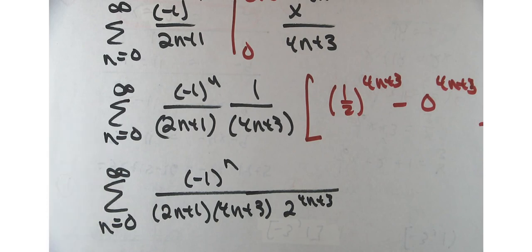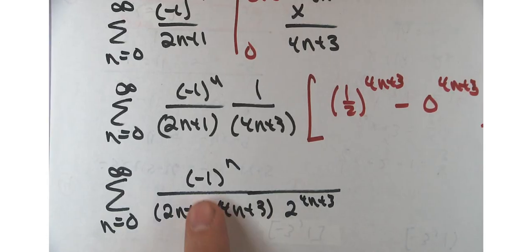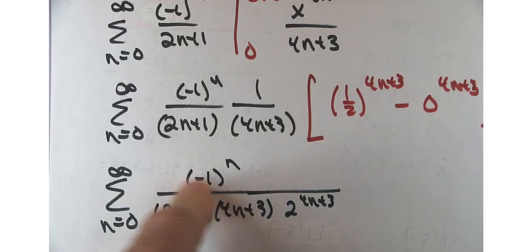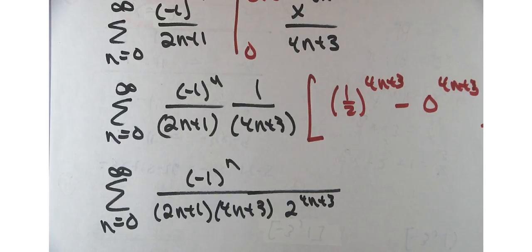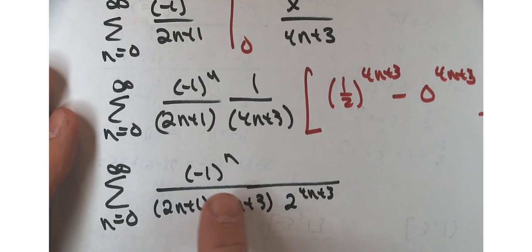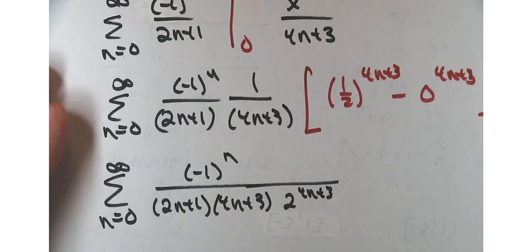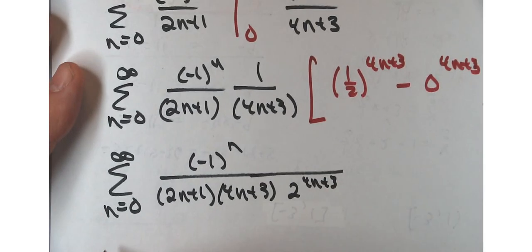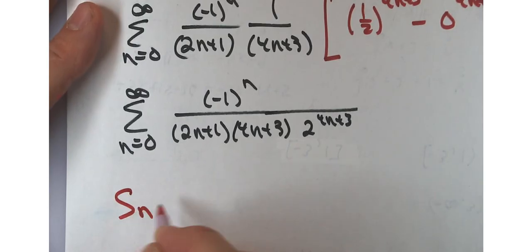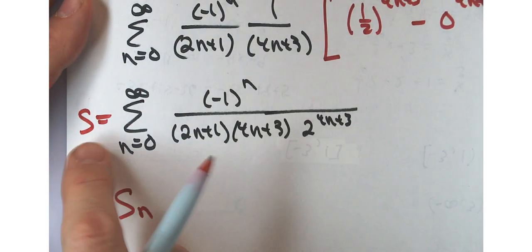But there's one thing about this that kind of saves our bacon. This is an alternating series with a decreasing sequence. So that means if I approximate this series, the error in our approximation is going to be less than the first term we leave off. So let's call this S, the exact sum.